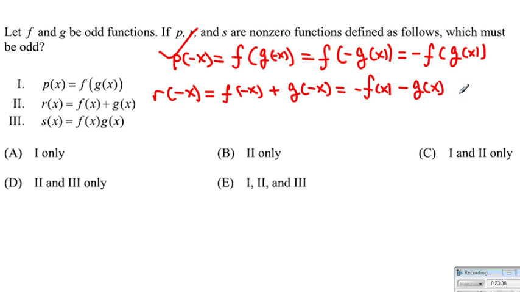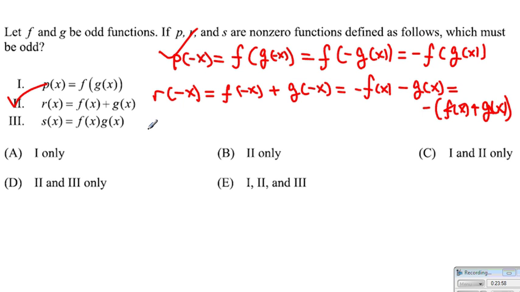When you factor out negative 1, you get negative f of x plus g of x, which is the negation of the original function, hence that is also correct, first and second.